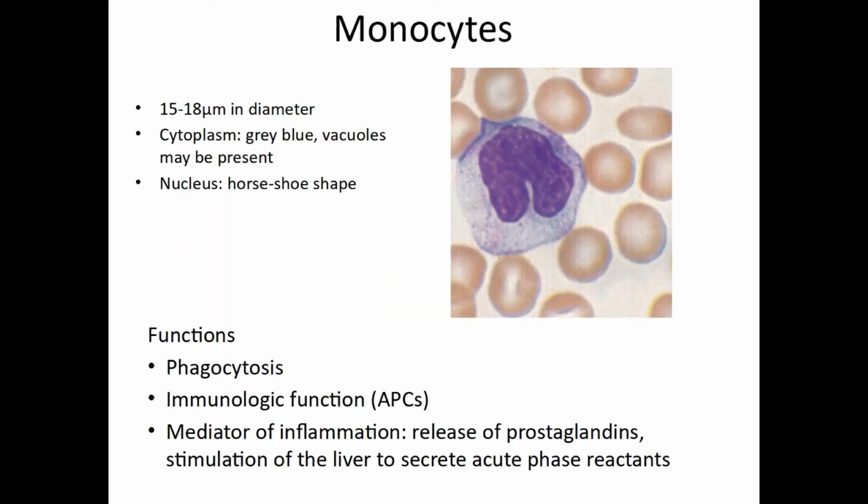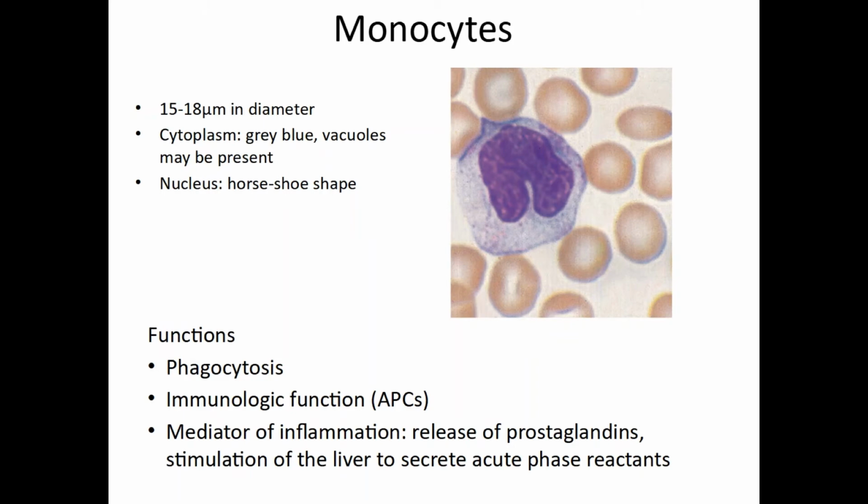Monocytes are the largest of the WBCs in the peripheral blood, 15 to 18 micron in diameter. Cytoplasm will be grayish blue, sometimes vacuoles may be present, and nucleus is horseshoe shaped. It's not a lobe, it's just a horseshoe shape. Functions include phagocytosis, that is eating up of the offending agent.